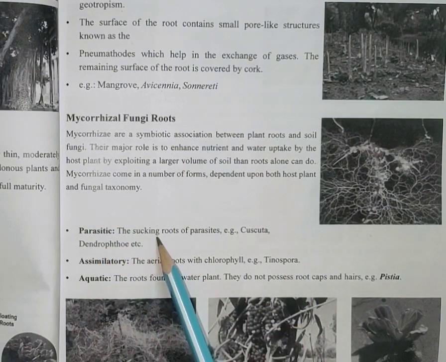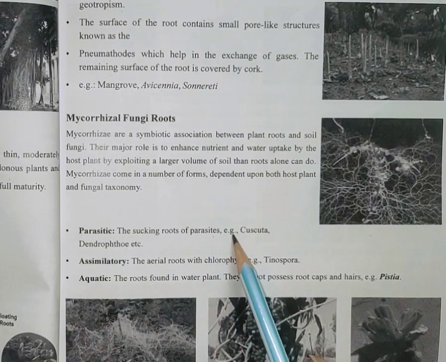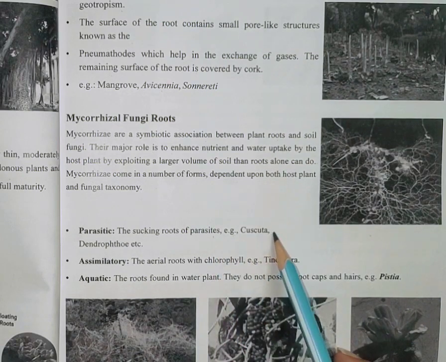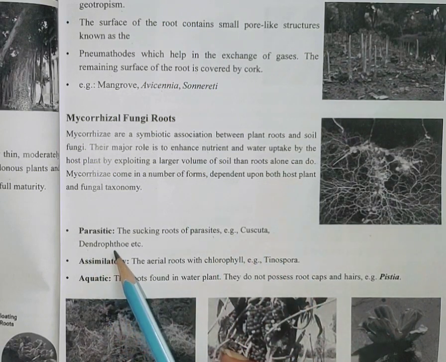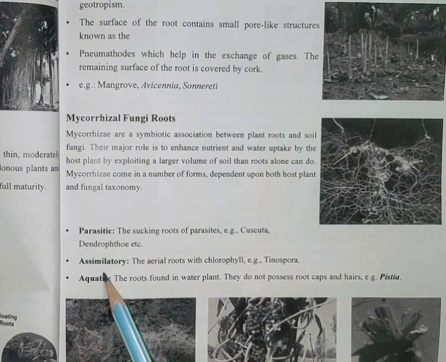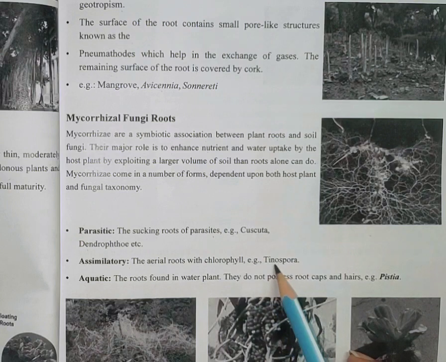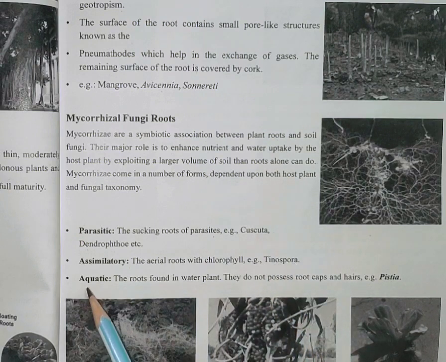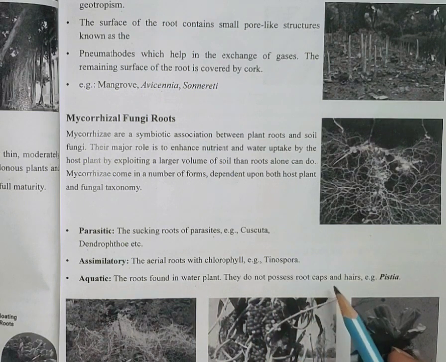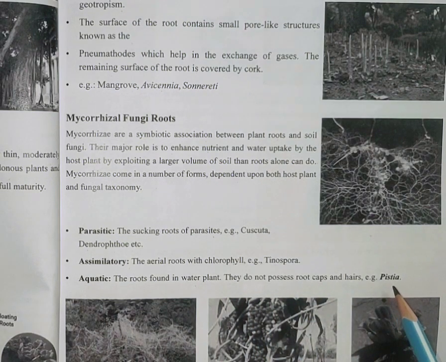Parasitic root. The sucking root of a parasite, for example, Cuscuta, in Hindi, Amarbel, Dendrophthoe, etc. Assimilatory root. The aerial roots with chlorophyll, for example, Tinospora. Aquatic root. The roots found in water plants. They do not possess root caps and hairs, for example, Pistia.